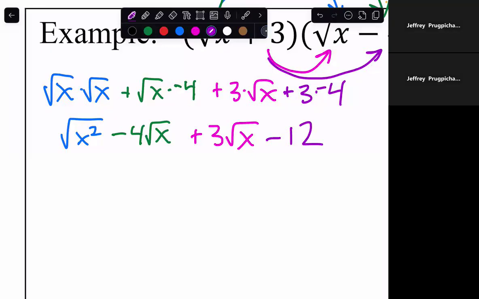Again, this started as a multiplication problem, but now it's an addition and subtraction problem. Are any of these like terms? This time the answer is yes. The middle 2 terms both have a square root of x. So we're going to combine those together.